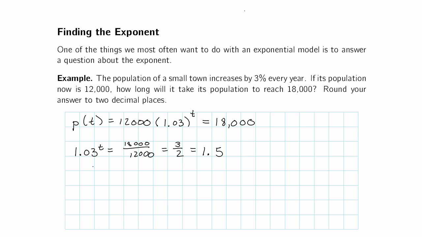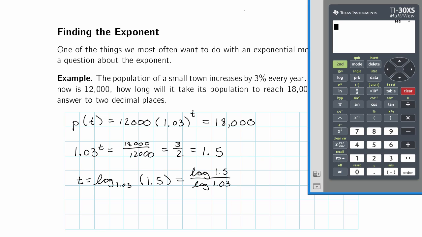Now we want to rewrite that in log form. t is the log base 1.03 of 1.5, or in terms of the common log, the log of 1.5 over the log of 1.03. So now we can just throw that into the calculator. Algebra done.